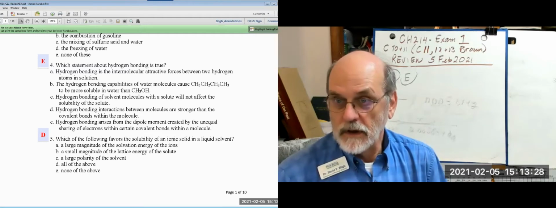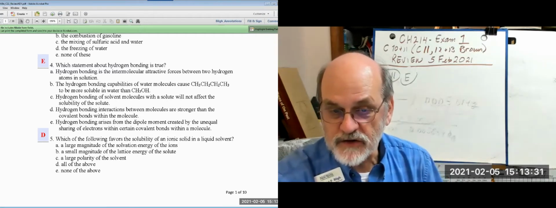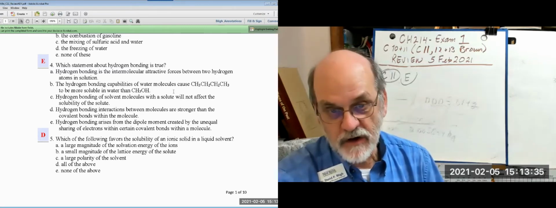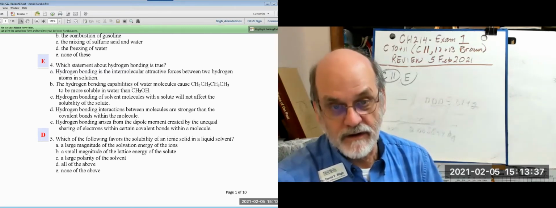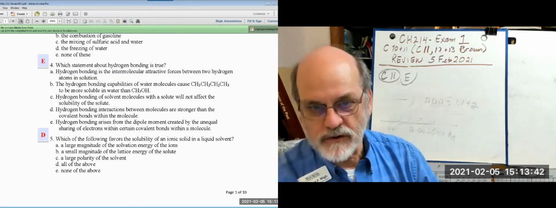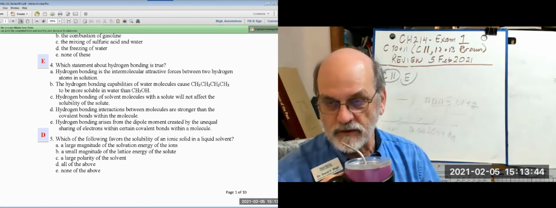No. The hydrogen bonding potential of CH3OH is much higher. There are no hydrogen bonds here, but methanol has opportunities galore to make a hydrogen bond with water. It should be more soluble than butane.